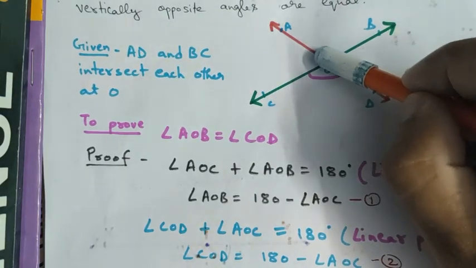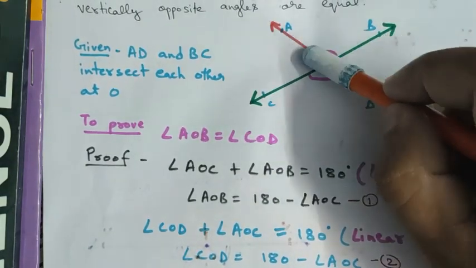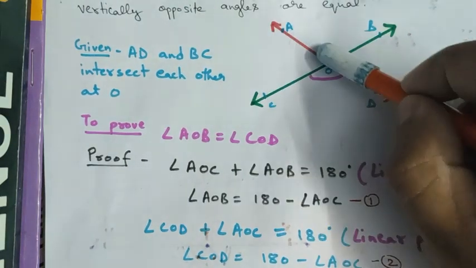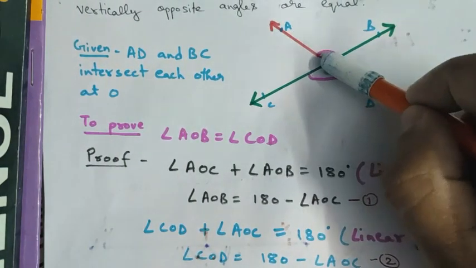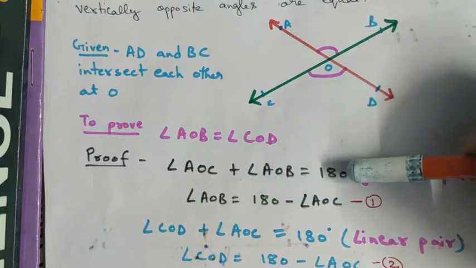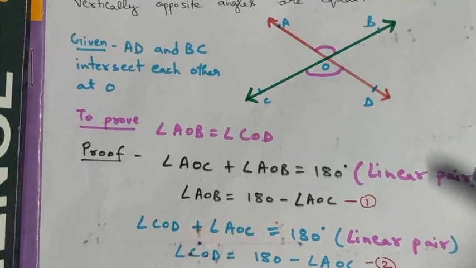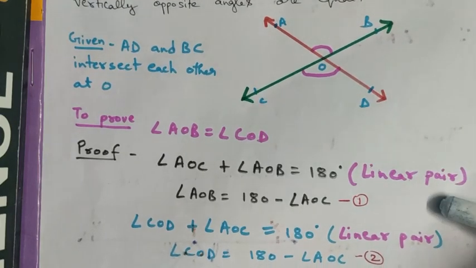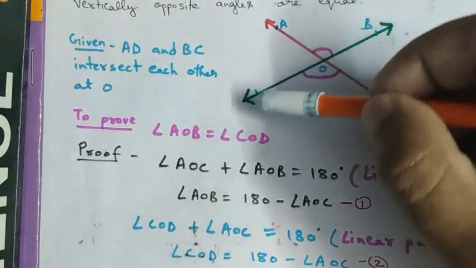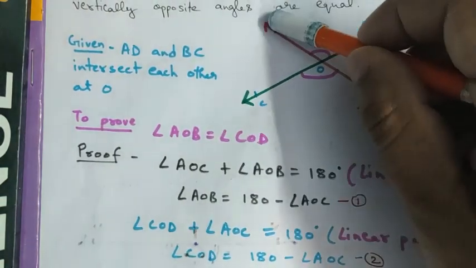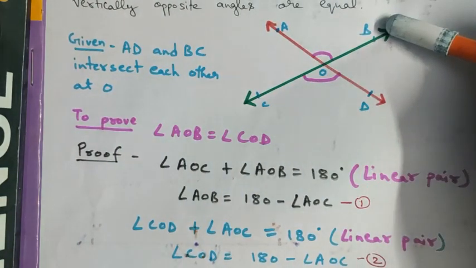Therefore angle AOC and angle AOB will be a linear pair. So angle AOC plus angle AOB will be equal to 180 degrees, and you will be writing the reason why: because they are a linear pair. Ray OA stands on line BC, therefore AOC and AOB are a linear pair.